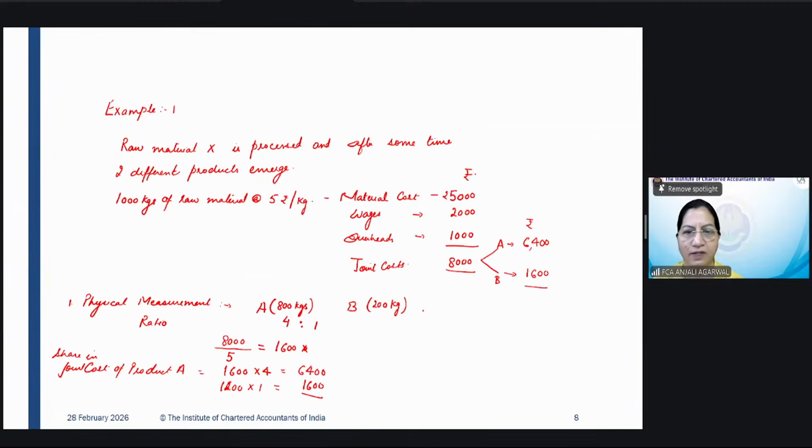Right? So here the entire output was 800 and 200. There was no wastage, 1000 kgs of raw material, and physical measurements showed that the output of product A was 800 kgs and the output of product B was 200 kgs. So the ratio became quite apparent, 4:1.